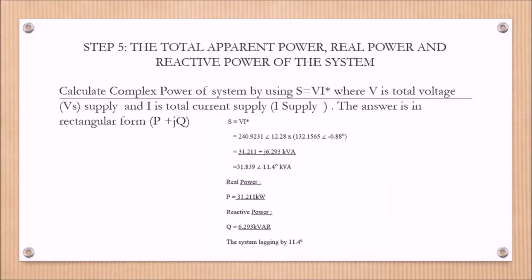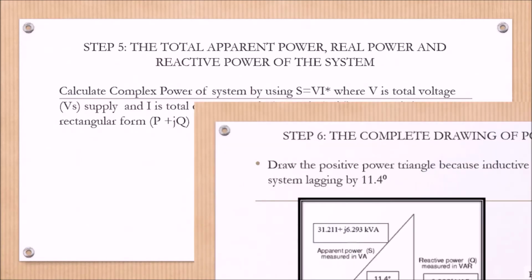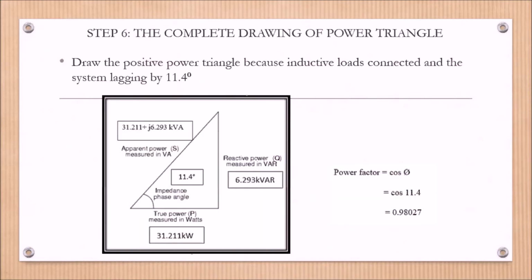Step 5, we need to find the total apparent power, real power and reactive power of the system. We calculate the complex power of the system by using S equal to VI conjugate, where V is the total voltage supply and I is the total current supply. Next, we need to draw the complete power triangle.